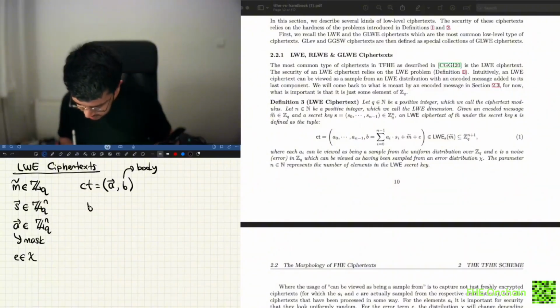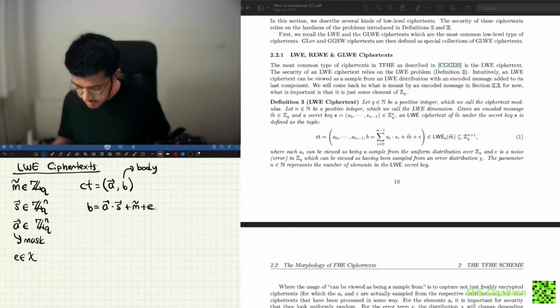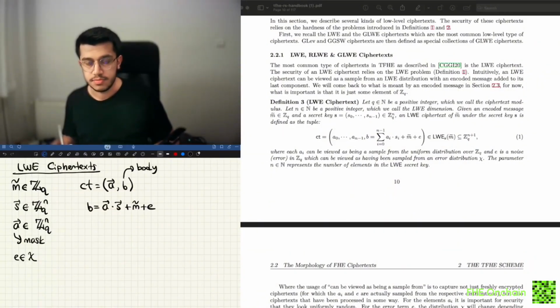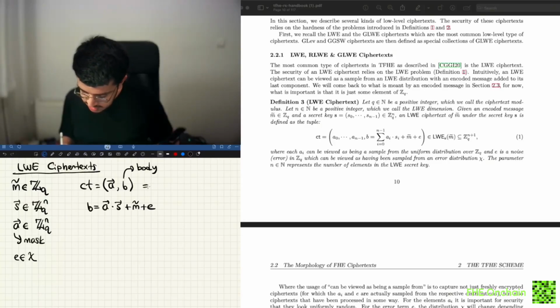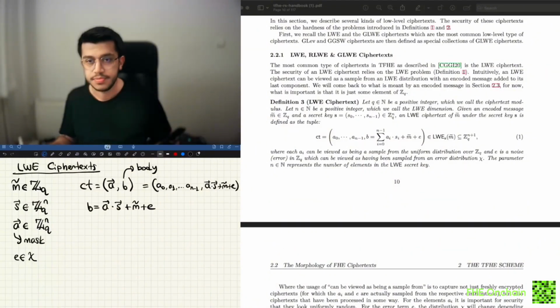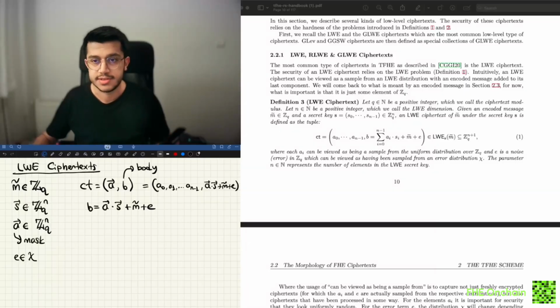B is calculated by this equation: A dot S plus M tilde plus E, and the resulting number in ZQ will be equal to B. So this essentially is A0, A1 till A n minus 1, comma, A dot S plus M tilde plus E. This is the LWE ciphertext.